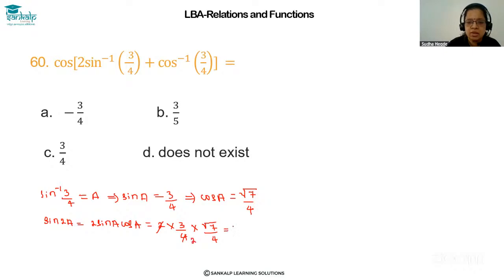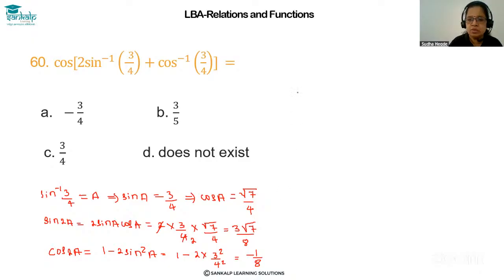This is 3 root 7 by 8. Similarly, cos 2A, this is also we require. Cos 2A is equal to 1 minus 2 sin square A. That is 1 minus 2 into 3 square by 4 square. That is equal to minus 1 by 8.